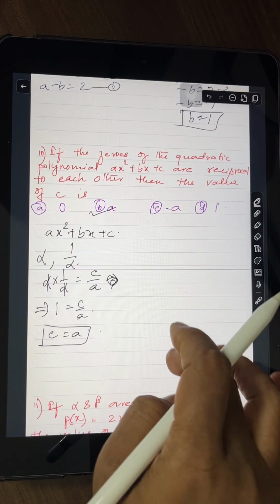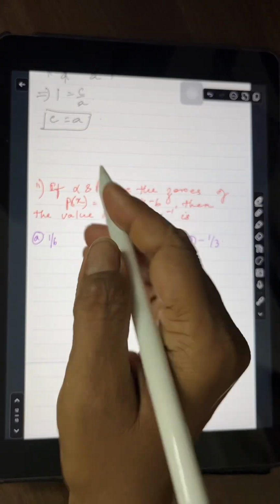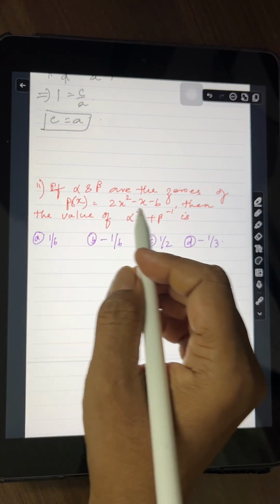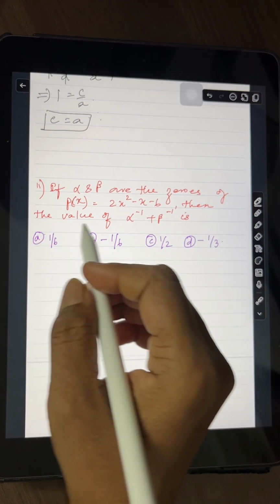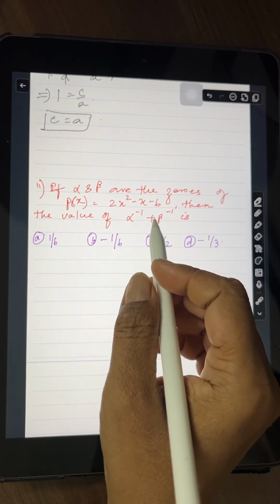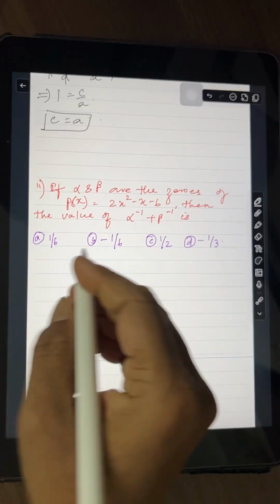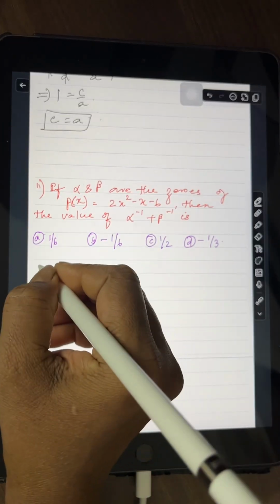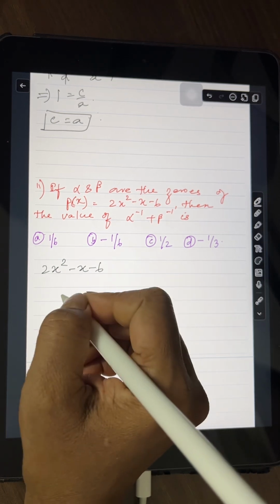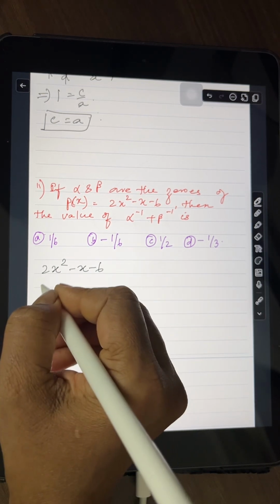Okay. Now if alpha and beta are the zeros of p of x is equal to this such and such, then the value of alpha to the power minus 1 plus beta to the power minus 1 is what? Okay, now 2x square minus x minus 6 is the equation. Now what is a here?